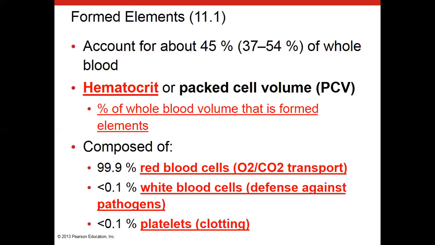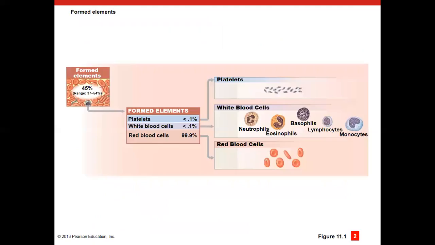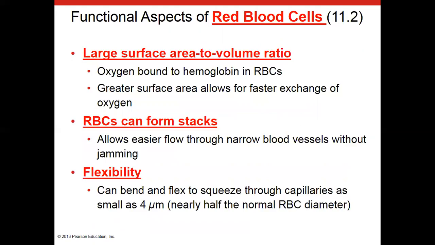We're going to talk about the major functions of some white blood cells today, and then other white blood cells that we'll come back and talk about in the lymphatic system. So red blood cells, this 99.9% of the formed elements, have a really large surface area to volume ratio, and that allows them to exchange oxygen and carbon dioxide really efficiently.